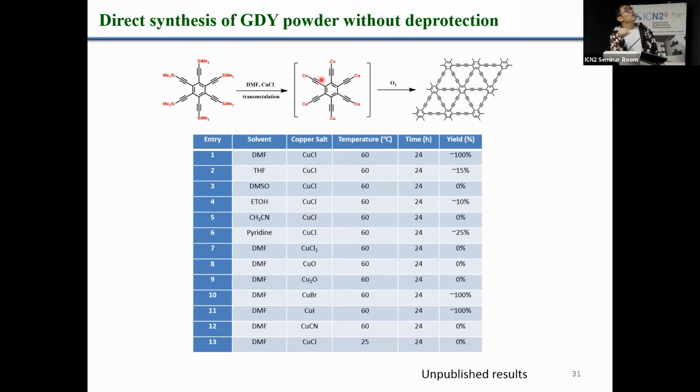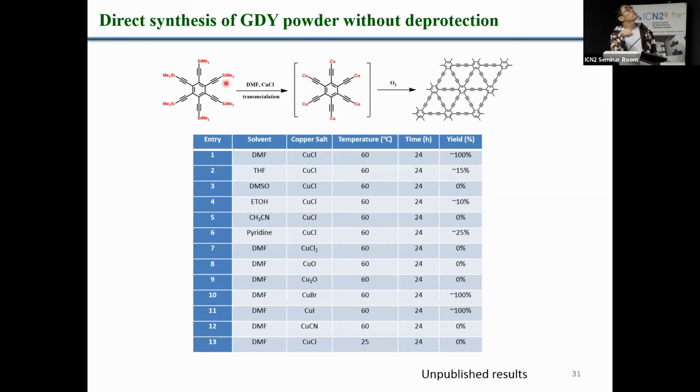Another limitation is that the HEB monomer, if we don't use the TMS protected HEB monomer, is very sensitive to oxygen and water. So in our previous method, we first get the TMS protected HEB monomer, then deprotect it to get the HEB, and then synthesize. But here, we don't need to deprotect the TMS.